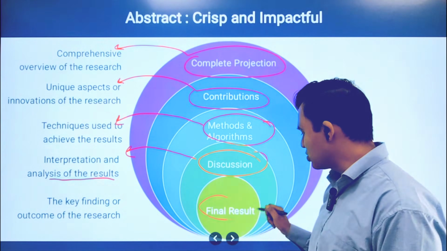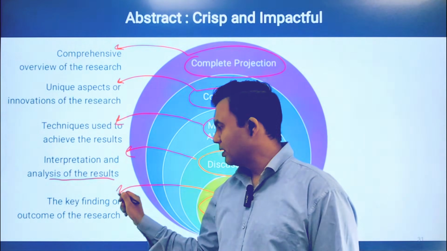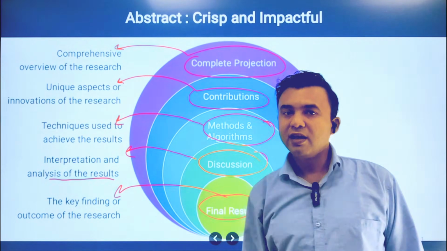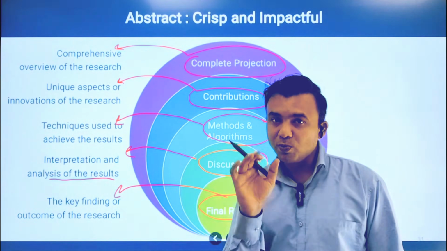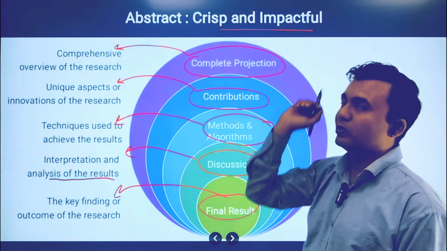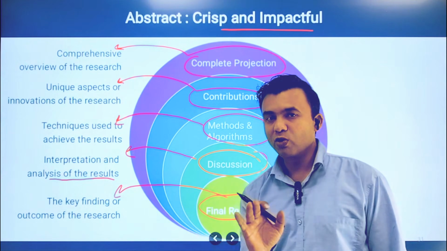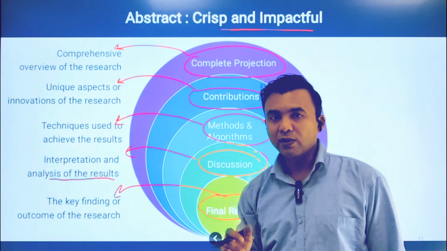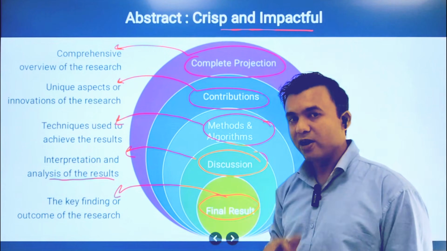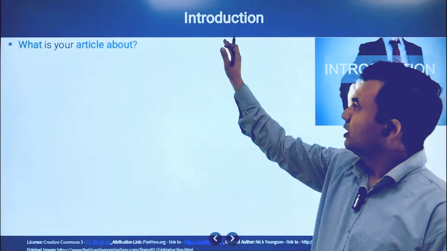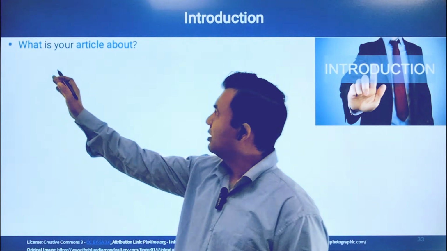And then whatever is the final result, you put it in one or a few sentences. That should be your abstract, and it should be crisp and impactful. There should be a limit, let's say 300 words max. It depends on that particular journal platform or conference platform. Decide accordingly.